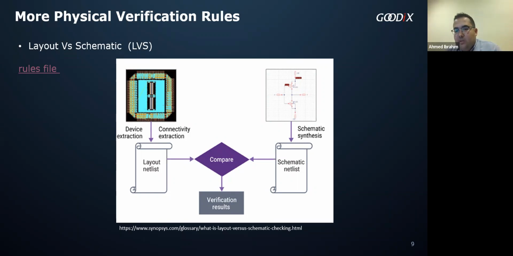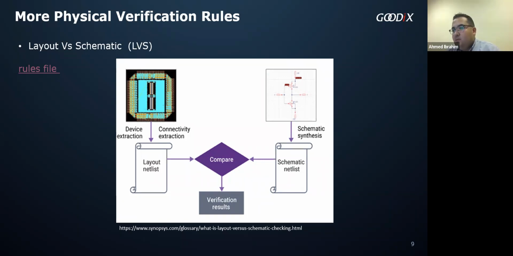For example, with LVS, the designs were small, so it was easy to make sure that the circuit we are laying out actually reflects the actual design. Later, when the designs got more complex, we needed LVS, layout versus schematic checks. It's a comparison that verifies that a physical layout actually, in fact, implements the required circuitry.